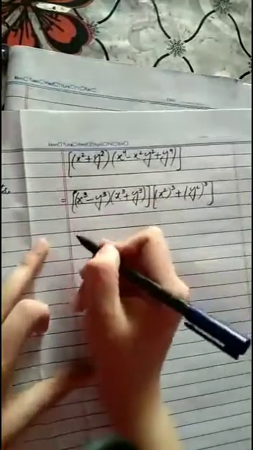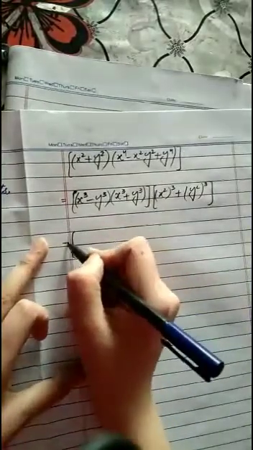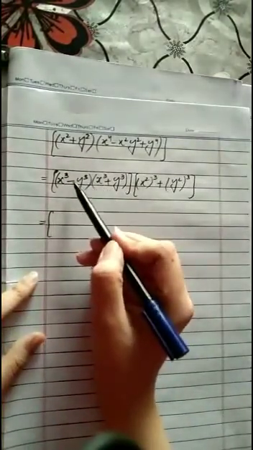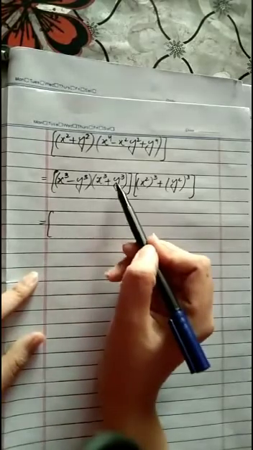These both are the same formulas but the sign is different: a³ − b³ and a³ + b³.